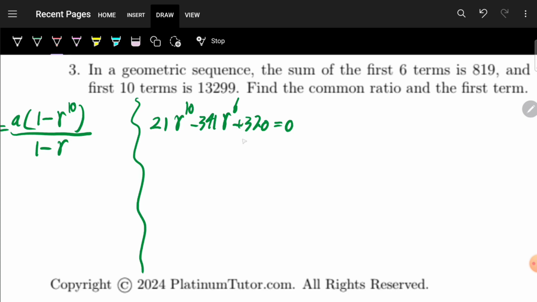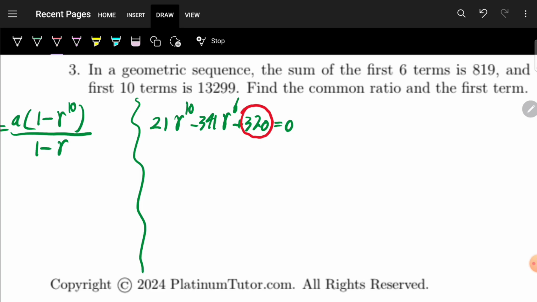If this expression has an integer solution, so r isn't a decimal, and I can tell you r isn't a decimal just because I've designed the question so that r is a clean integer, then we can expect that the solution will be one of the factors of 320 divided by one of the factors of 21.